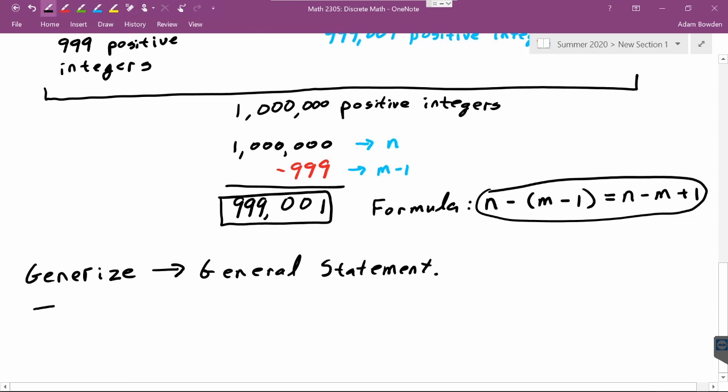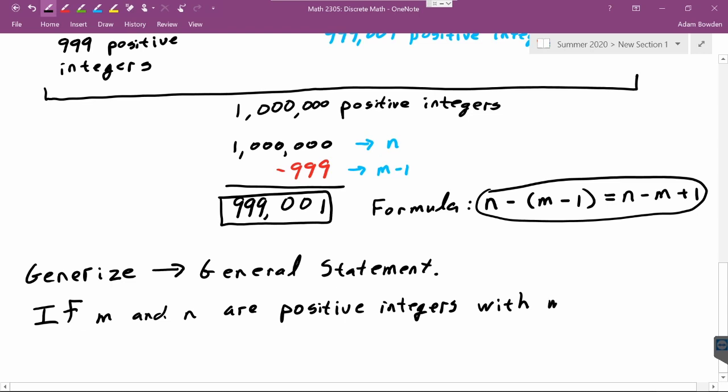A lot of our statements this semester will start off this way. If m and n are positive integers, so those are the two numbers we start out with, the 1,000 and the 1,000,000. With another specific thing we have to say, m is less than or equal to n. One has to be smaller than or equal to the other.